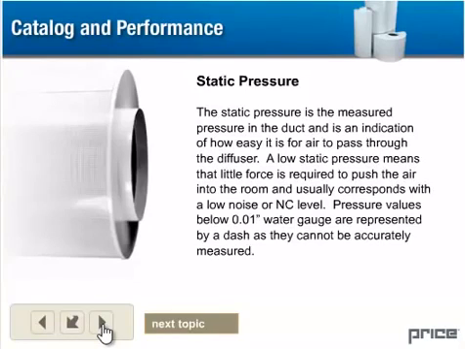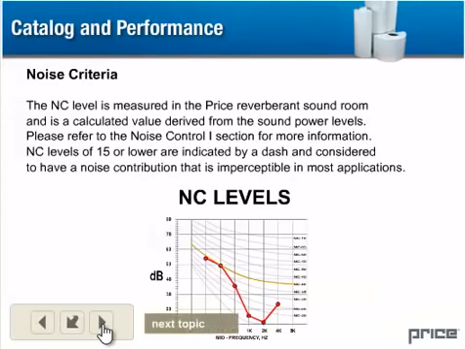Pressure values below 0.01 inches water gauge are represented by a dash, as they cannot be accurately measured. The NC level is measured in the Price reverberant sound room and is a calculated value derived from the sound power levels. Please refer to the Noise Control 1 section for more information. NC levels of 15 or lower are indicated by a dash and considered to have a noise contribution that is imperceptible in most applications.